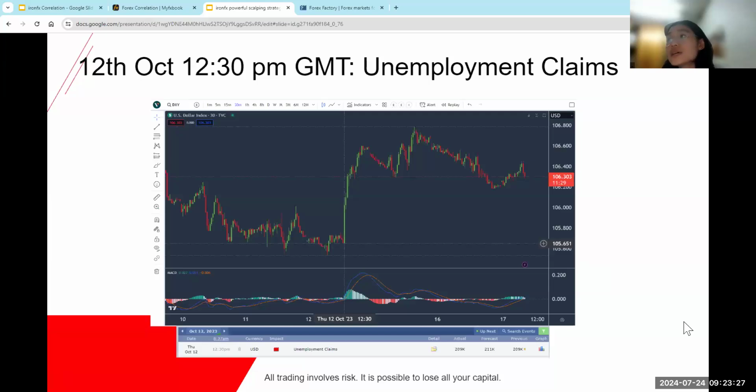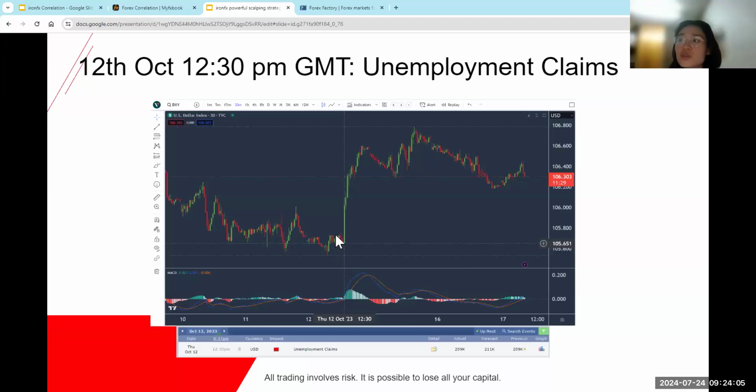Another example, we're using unemployment claims here. On our DXY, we're looking at the 30-minute time frame, and we see the price of DXY shoot up since the data release was 209K, which was lower than the forecasted 211K. That is obviously a good sign for the US economy since there are lower unemployment claims for that month, so we are expecting the US economy to do better.